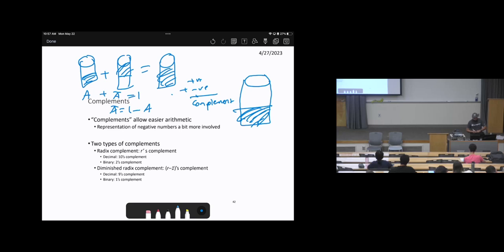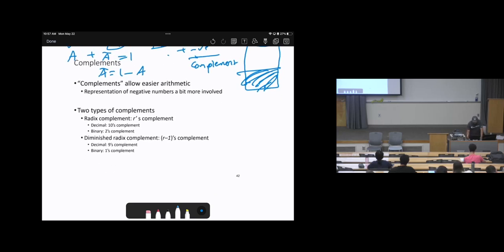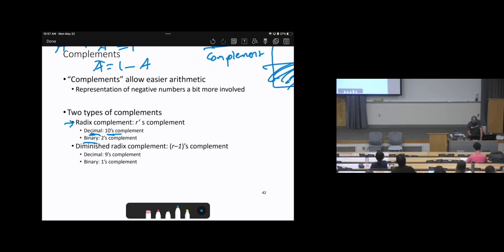It also depends on the base. We have two types of complements. We have the radix complement, based on tens for decimal and based on binary. And we have the diminished radix complement, which is the r minus 1 complement. Basically, in decimal, base 10, and in binary, base 2, right?